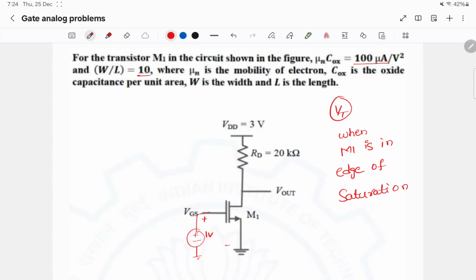So we know that for NMOS, Vd is Vg minus Vt for saturation. That is, Vd can go one Vt below Vg. So here Vg is 1 volt, and we have to find out Vt.